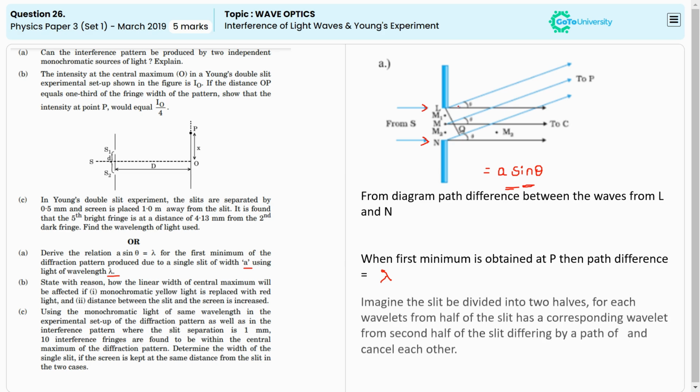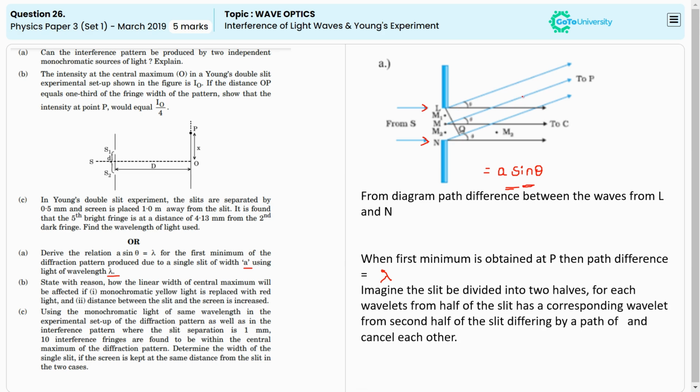Then imagine the slit divided into two halves. For each wavelet from one half of the slit, there is a corresponding wavelet from the second half of the slit differing by a path of lambda by 2, and they cancel each other.